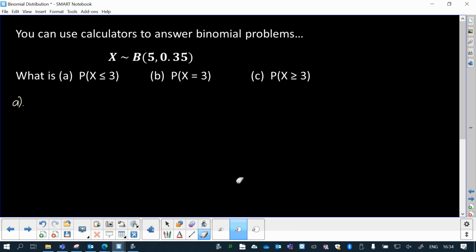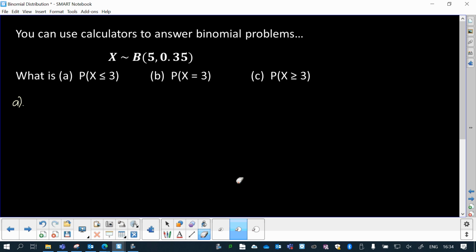CG50 people first. Sorry, ClassWiz users, but CG50 people first. What you're looking for: Menu 2, Statistics. When you're on Menu 2, you've got the table in front of you. F5 says Dist, that's for distribution. When you get to distribution, you're going to go Binomial, it's F5 again.